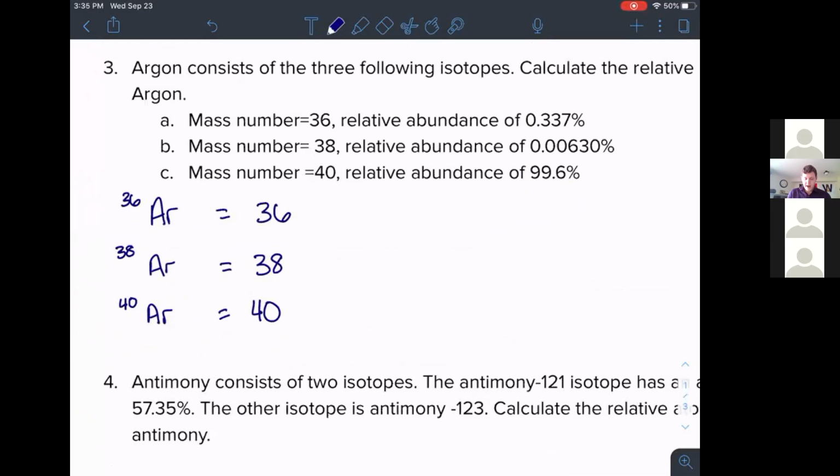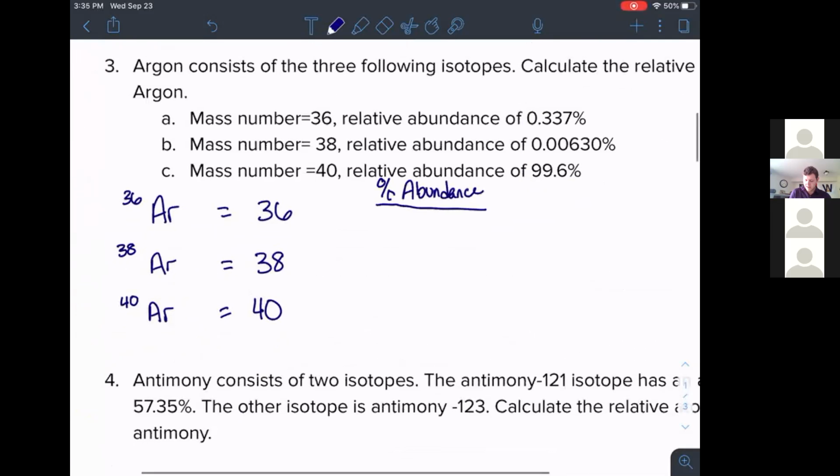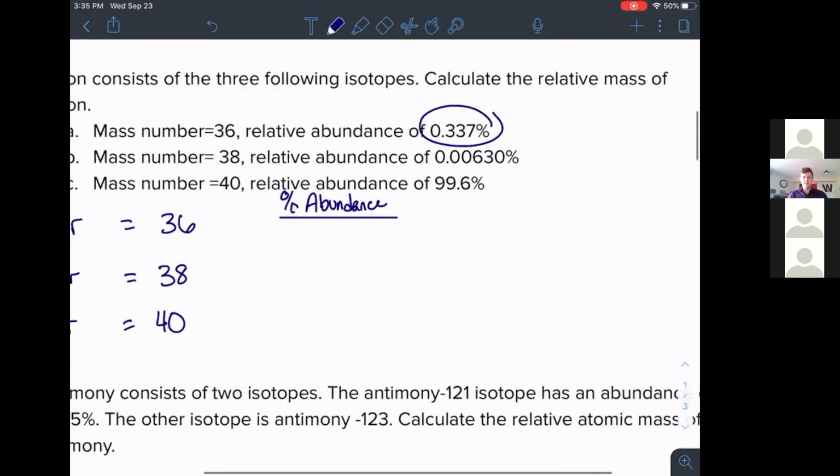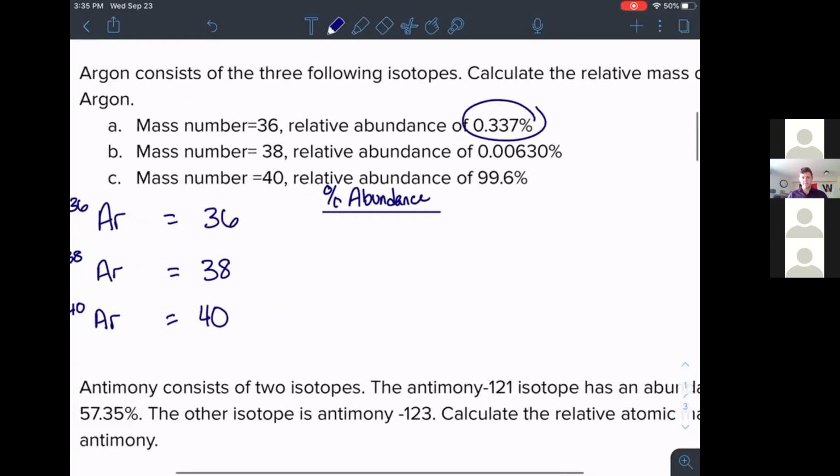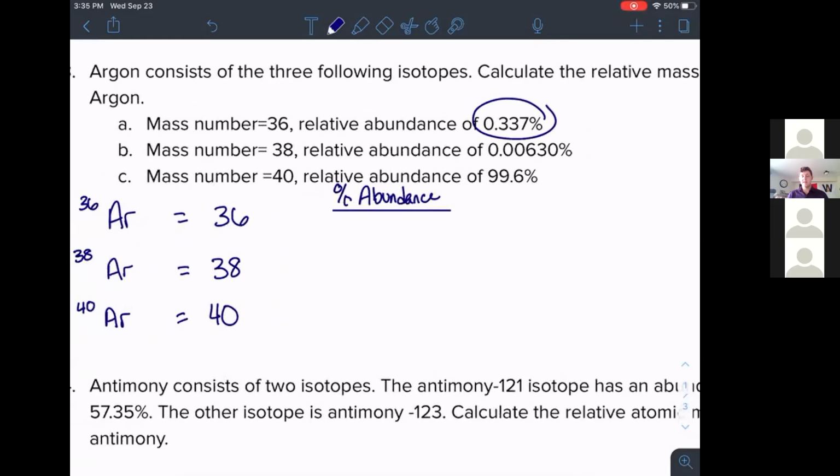So we have our mass numbers, and now we need the percent abundance. And we need to turn that percent abundance into a decimal. So do you guys know how to turn this one into a decimal? Divided by 100.